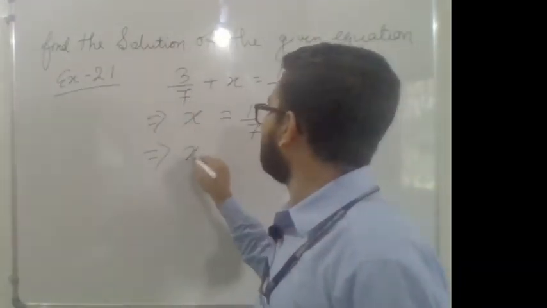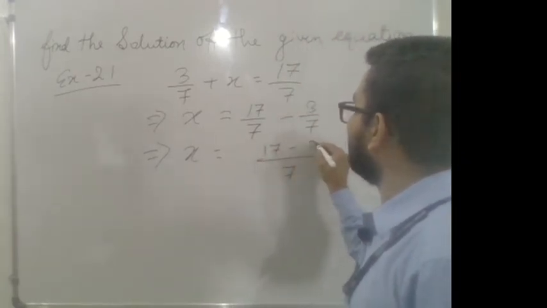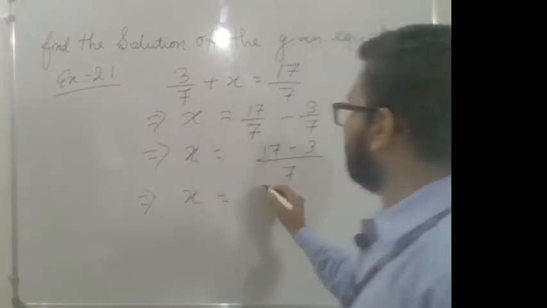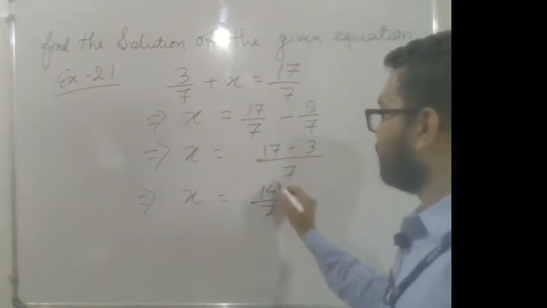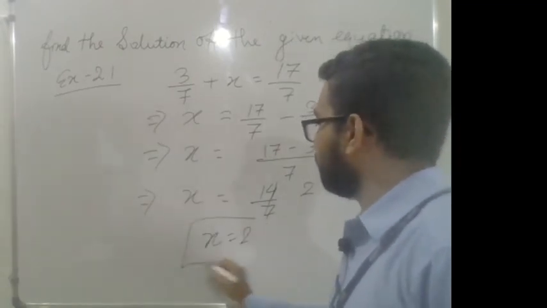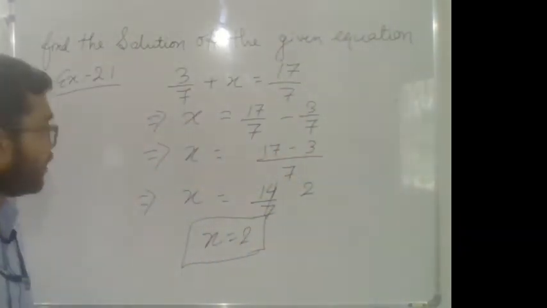Now x is equal to 17 minus 3 over 7. You get x is equal to 14/7, which is 2. So x is equal to 2. This is the solution of the given equation.